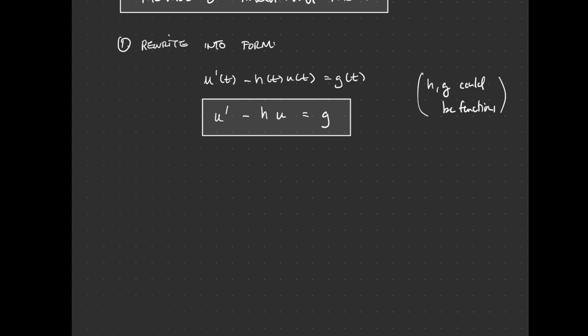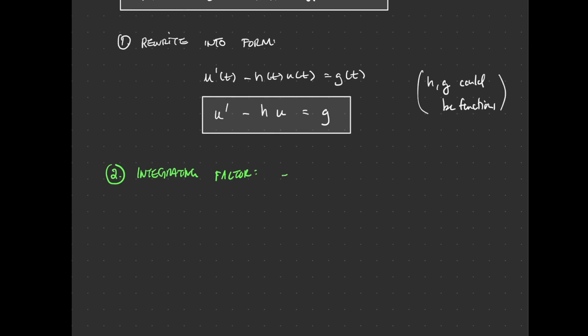So we find the integrating factor. There's a bunch of ways to write this. I'm going to use some informal notation. It's e to the opposite of the integral of h of t dt in the exponent of e.